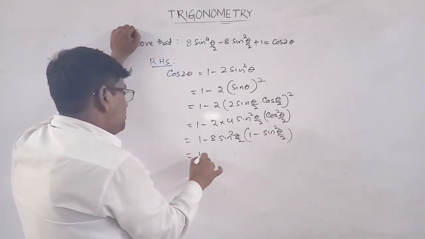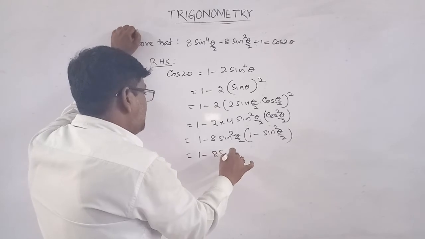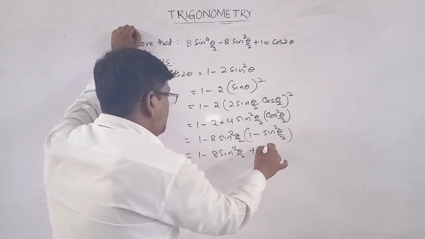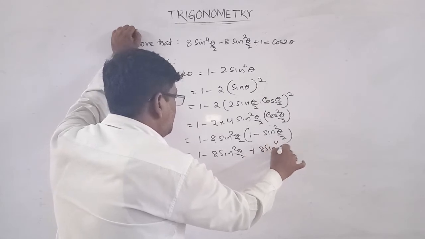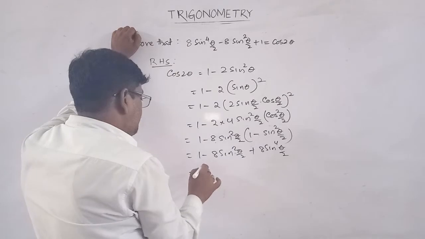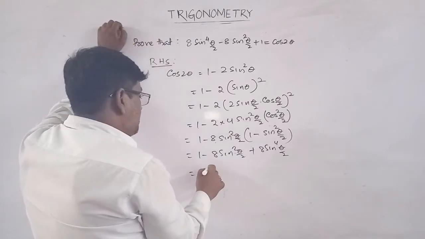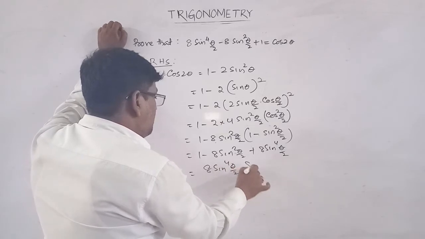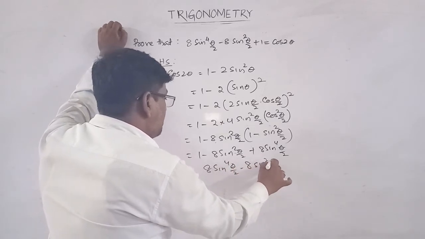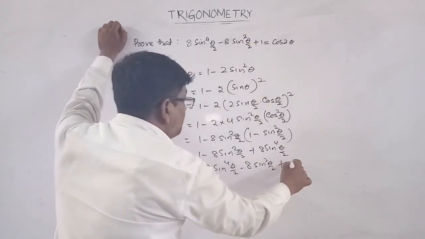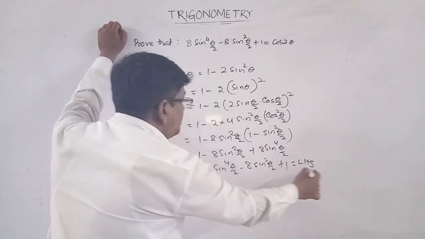So 1 minus 8 sin square theta by 2 minus minus plus 8 sin 4 theta by 2, and arrange according to the left hand side. As per the left hand side, that is 8 sin 4 theta by 2 minus 8 sin square theta by 2 plus 1. This is the left hand side.